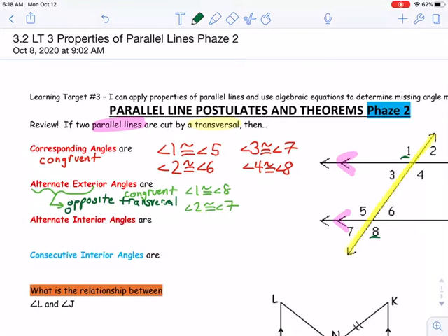Exterior means outside the parallel lines. That's just another way to think about it. Me personally, I think alternate exterior are well-chosen words. They describe it perfectly. For some students, it doesn't clearly make sense, so that's just another way to think about it. Opposite the transversal, outside the parallel lines.